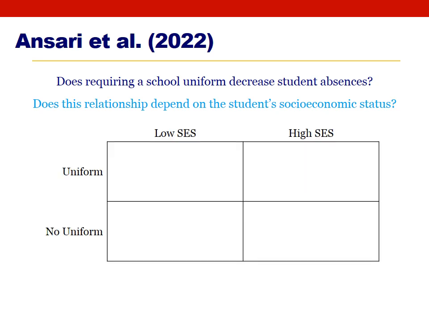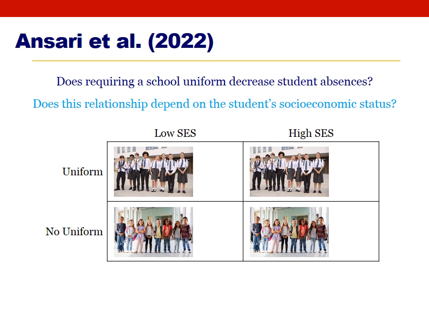So in this study, we have 2 independent variables. The first independent variable is whether the school requires a uniform or not. The second independent variable is whether the school is lower or higher SES students. Our dependent variable here is going to be the attendance rates for each school. So here's your uniform students and your non-uniform students.